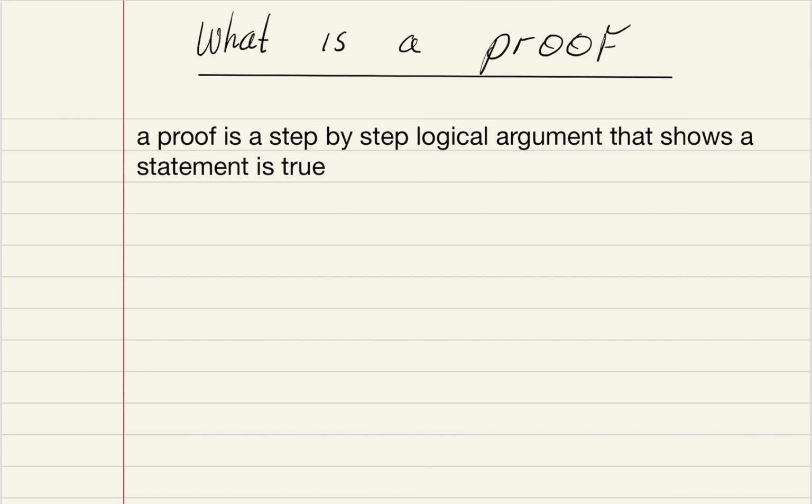So let's say we use an example. Let's say we're given this equation. We're given that x minus 2 plus 3 is equal to 6, and we want to prove that x is equal to 5.